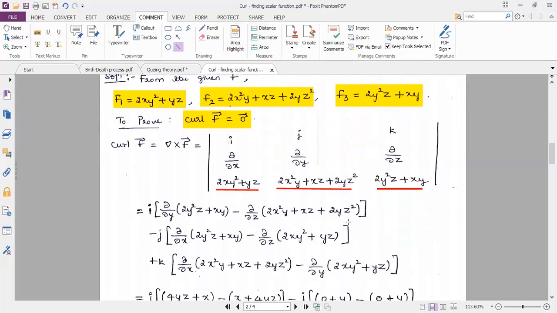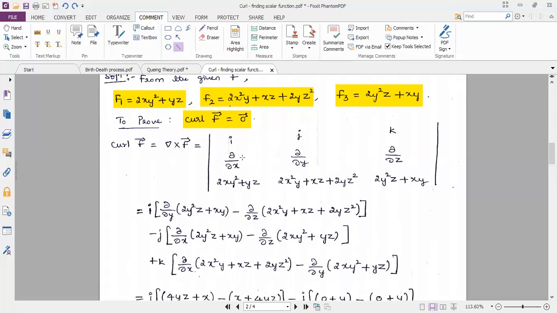Now, let us expand the determinant. It's a 3 cross 3 determinant. Firstly, i into ∂/∂y of (2y²z + xy) minus ∂/∂z of (2x²y + xz + 2yz²). That's for the i component.